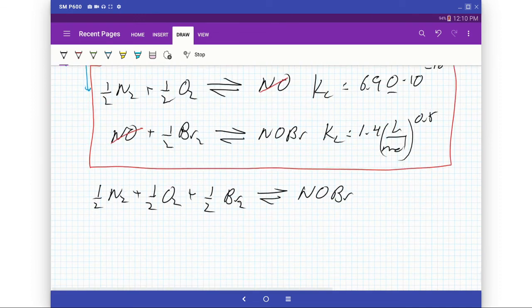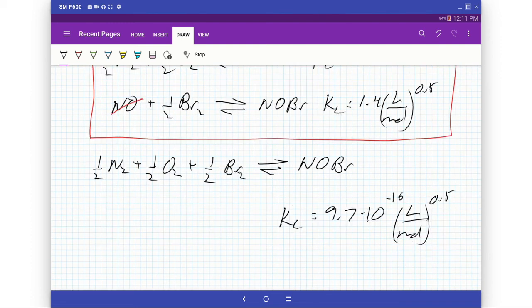And I now multiply the K values together, and Kc for this overall reaction is 9.7 times 10 to the -16 liters per mole to the 0.5. Good.